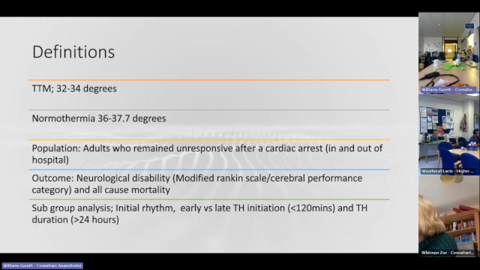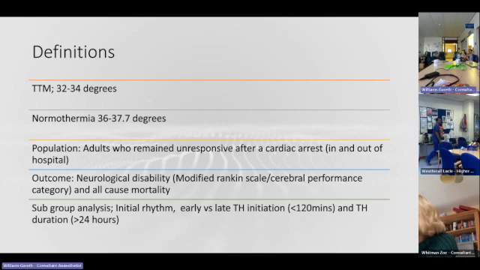Normothermia was achieving temperatures of 36 to 37.7 degrees. The population studied were adults who remained unresponsive after a cardiac arrest, and this includes both in-hospital and out-of-hospital cardiac arrests, albeit the more recent RCTs looked into out-of-hospital cardiac arrests.